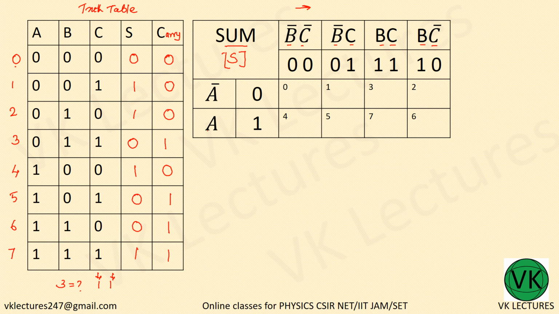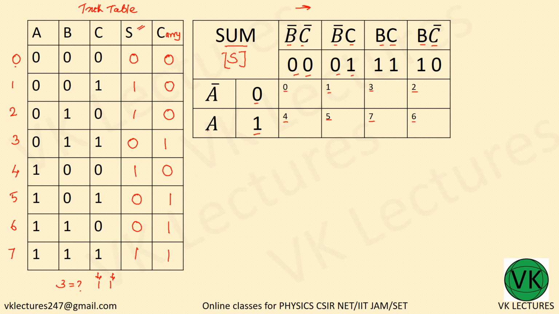A bar corresponds to 0, A to 1, B bar C bar is 0, 0, B bar C is 0, 1, B C is 1, 1, B C bar is 1, 0. Likewise we put the decimal numbers: 0, 1, 3, 2, 4, 5, 7, 6.